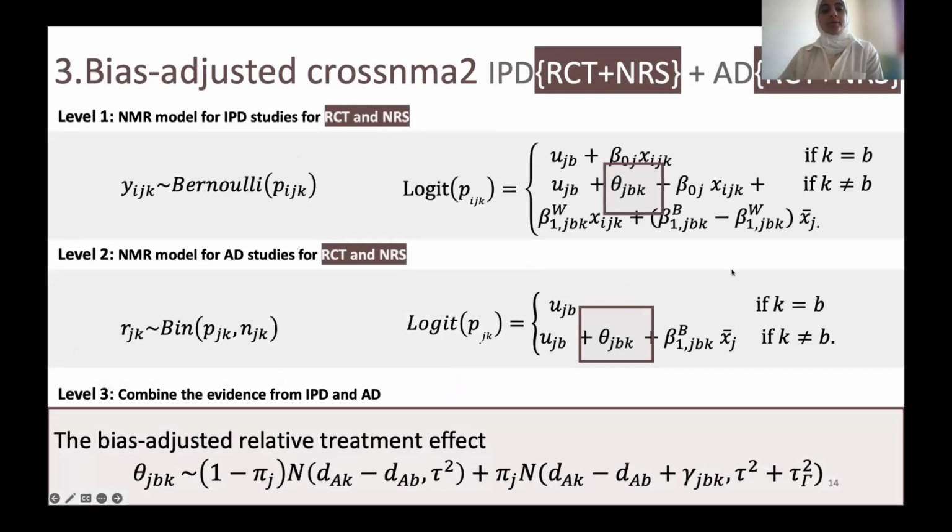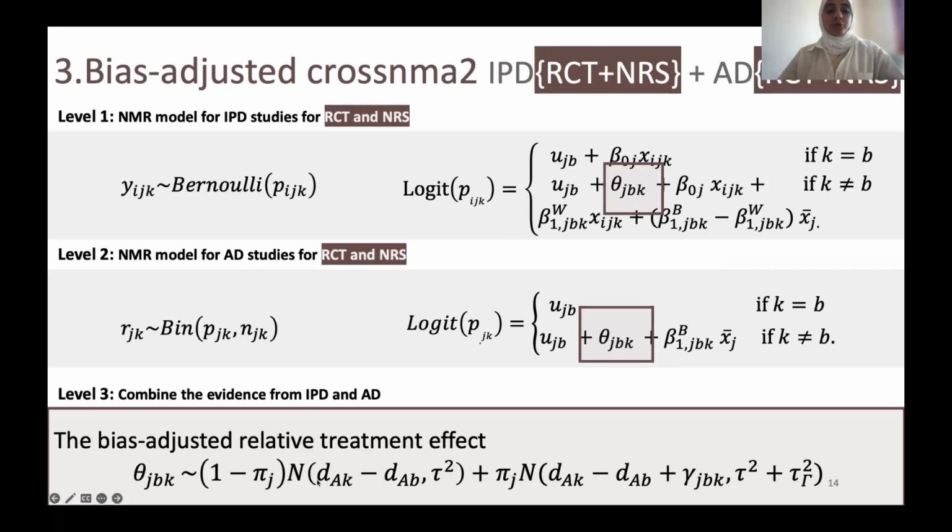Another way to incorporate study bias in the model is by modeling the bias effect and relative treatment effect simultaneously. Here, we replace the relative treatment effects, deltas, by theta. And theta here represents the bias adjusted relative treatment effect. Then these thetas can be combined across studies by assigning a weighted average of two normal distributions.